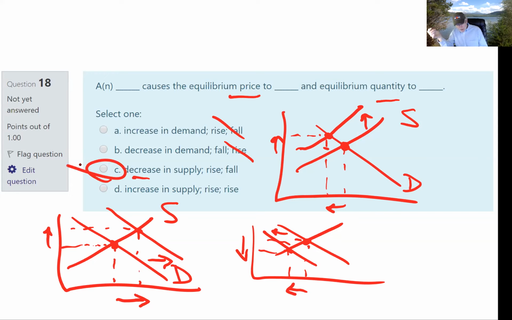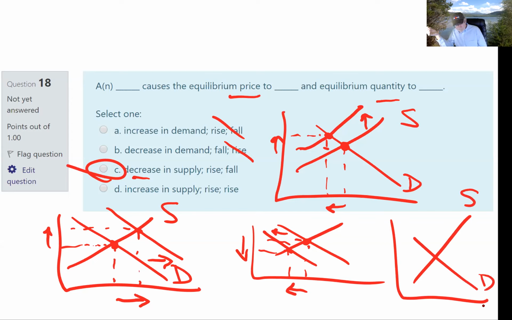So you don't guess, you're just looking at your graph and seeing which of these actually happens. And then go ahead and check the other one as well, just to make sure you haven't made a mistake. Draw the graph. An increase in supply. Well, that means the supply curve is going to shift to the right.